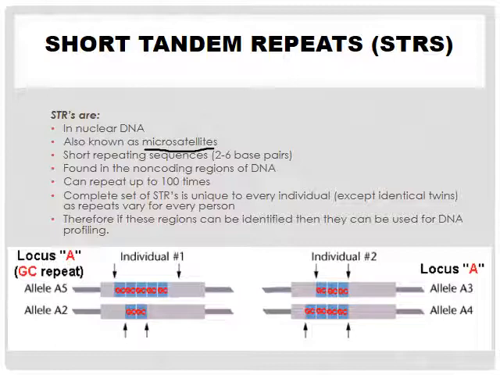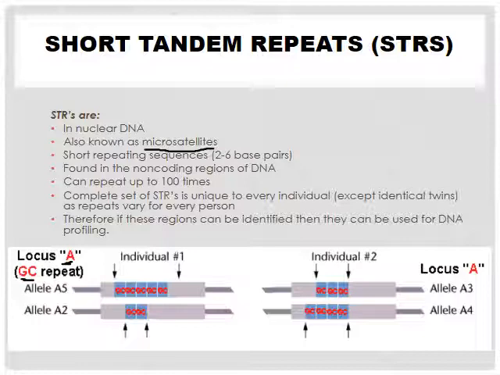So at an STR locus, as I said before, because we think of it as a gene, we have 2 copies of that STR locus in the form of alleles. If you look at the diagram down here, we're looking at the STRA locus, and at that locus the short tandem repeat is GC.